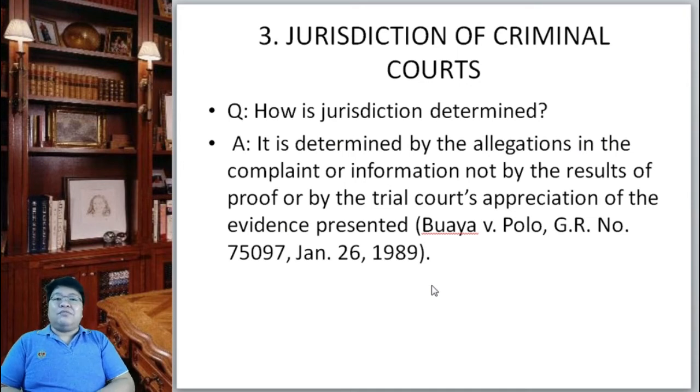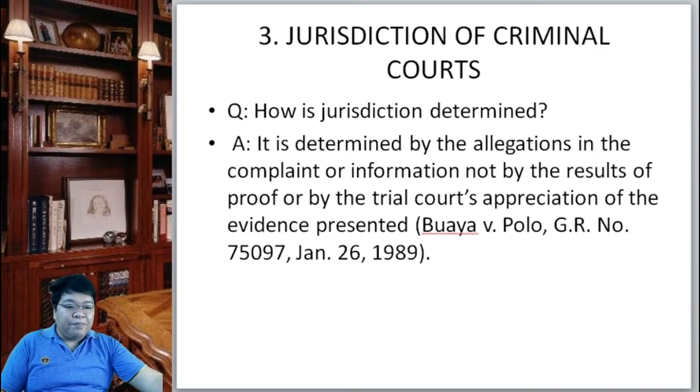How about if the penalty of imprisonment is less than 6 years and below? The jurisdiction of the criminal case is with the municipal trial court. Okay? You got it? Okay.